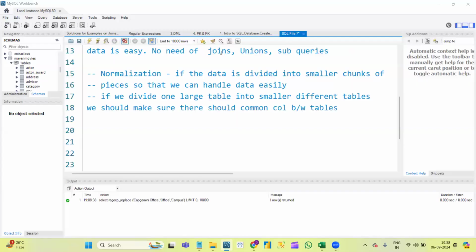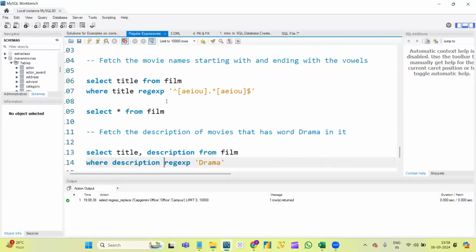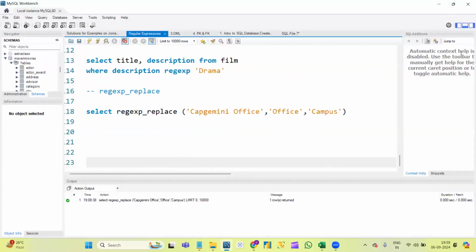Divya, I have one question regarding regular expressions. The last statement was that you replaced the word office with the word campus. Why can't we do that with the update statement itself? Because regular expressions, as I told you, deal with patterns. But along with the pattern, we have one function in regular expressions which is used to change things. If we want to change the complete column data, we will use update.